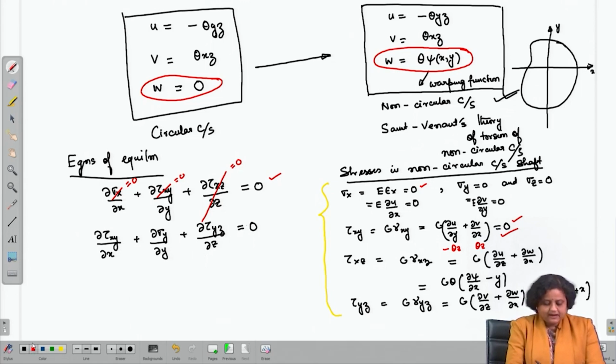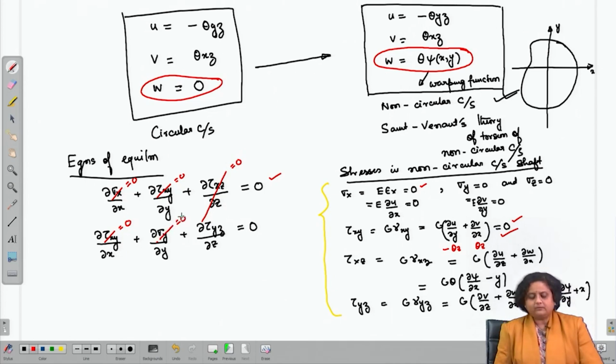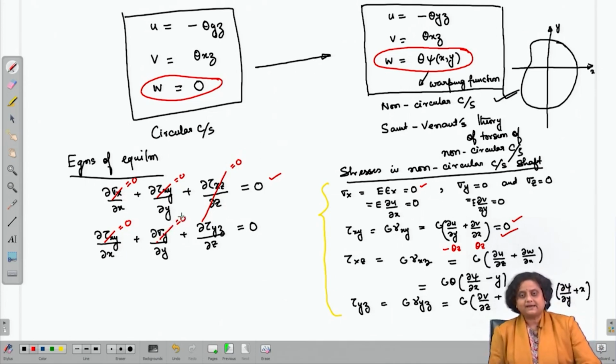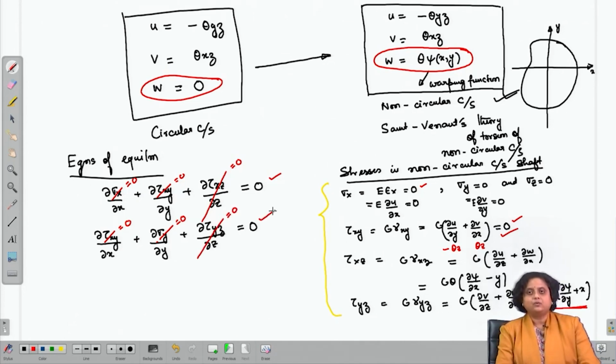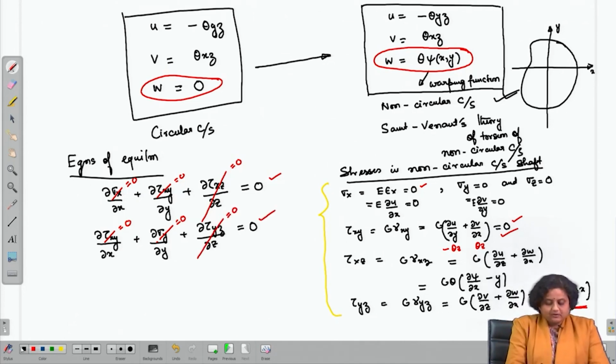Now, tau xy is anyhow equal to 0, and sigma y is equal to 0. Again, tau yz, as you can see from here, is not a function of z. So, this whole derivative goes to 0 and the second equation is satisfied. Now, let us move on to the last equation.